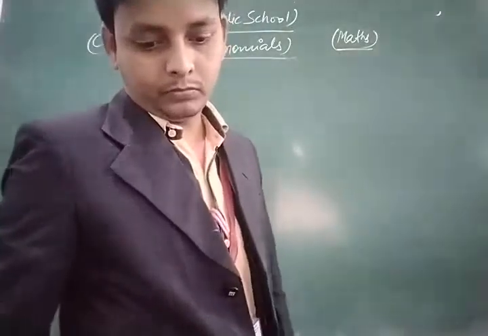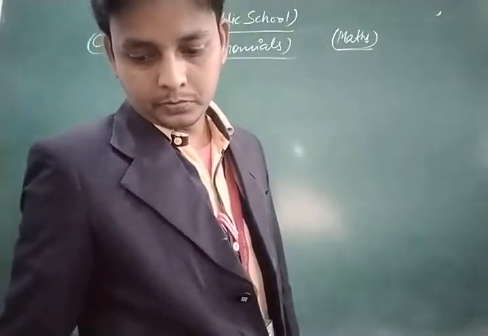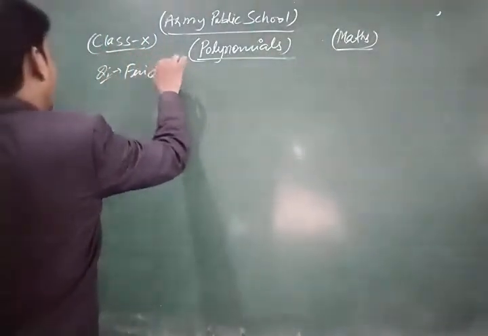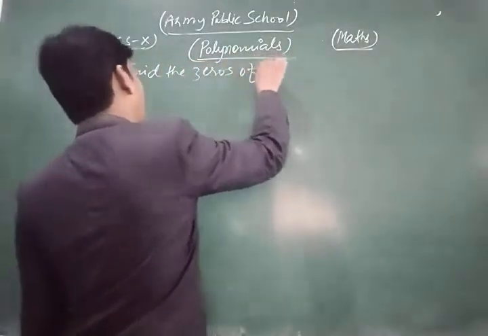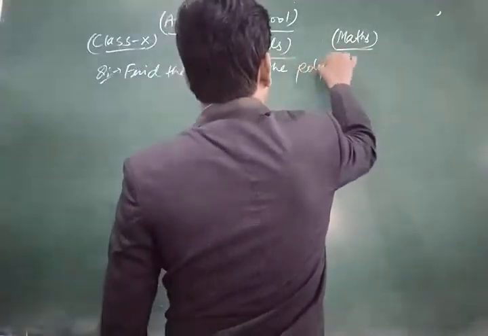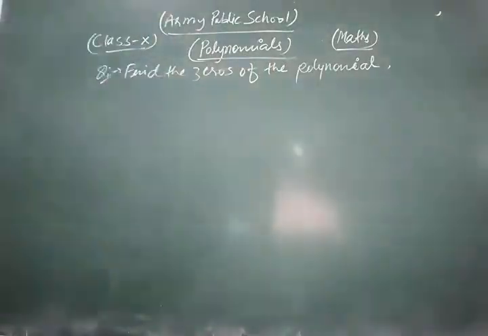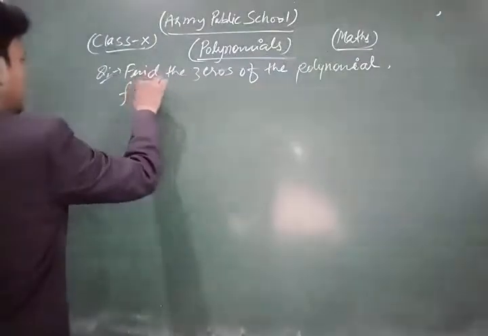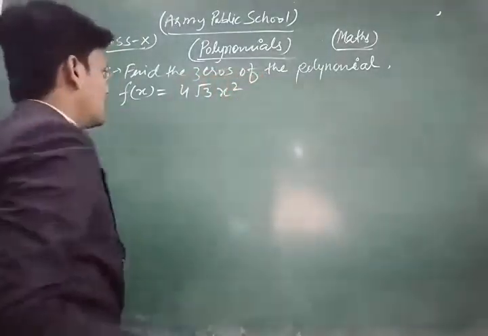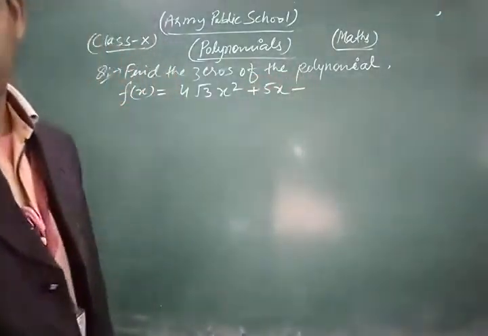And the question is, find the zeros of the polynomial f(x) is equal to 4 root 3 x square plus 5x minus 2 root 3.